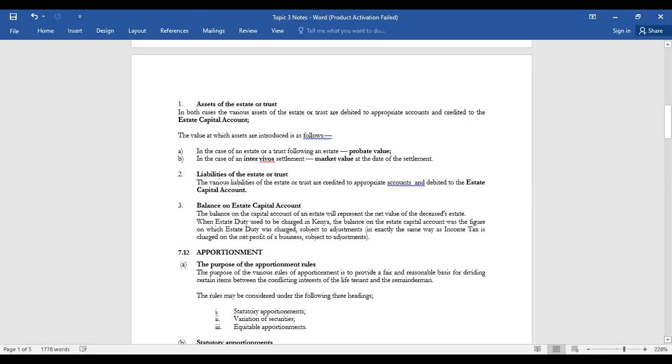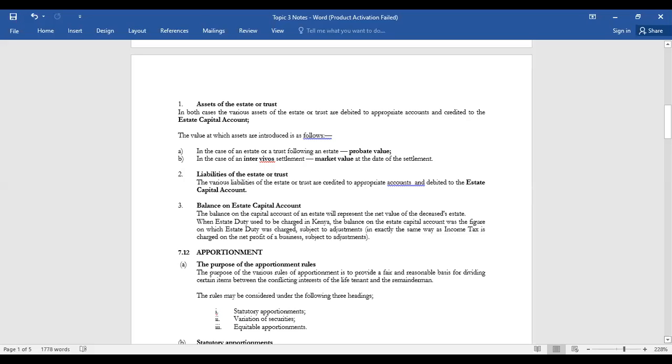So a probate valuation is basically a system that helps to value someone's assets when they pass away. There will be some changes, of course, because of the tax, what I was calling the probate taxes. But it is more important to understand that the probate value is the value of the asset at the time of the death.